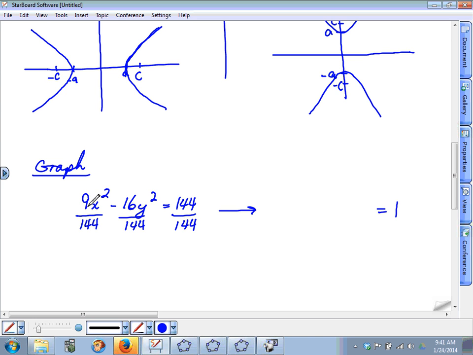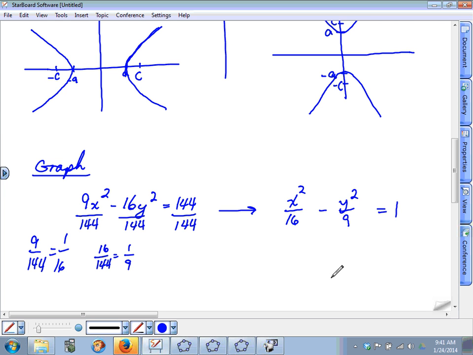Close. 9 over 144 is the same as 1 over 16. That's how the fraction reduces. So this term here becomes x squared over 16. And what about 16 over 144? That's 1/9. 16 over 144 is 1/9. So this turns into y squared over 9. Now it's in the form that we need.